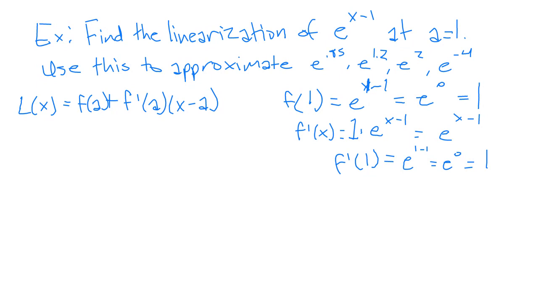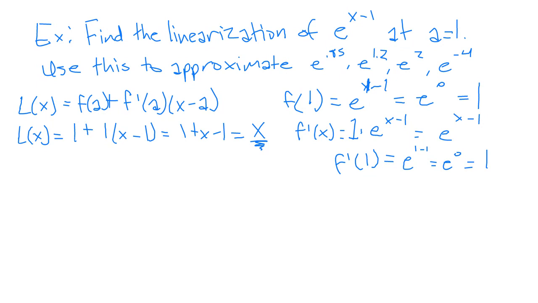So we know that our general L of x is equal to our f of a, which is 1, plus our f prime of a, which is once again 1, times x minus our a, which is 1. This gives us 1 plus x minus 1, which simplifies down to just x as our linearization equation.